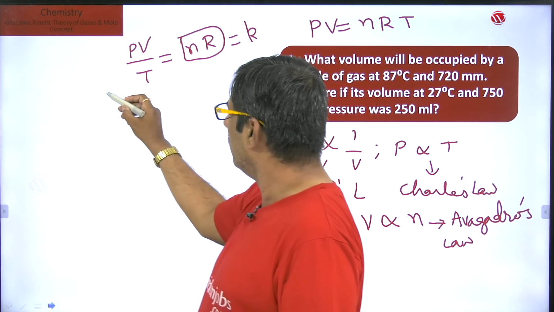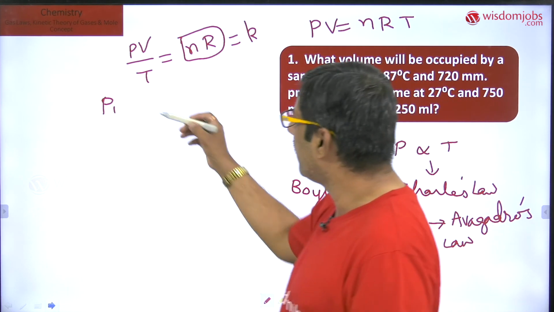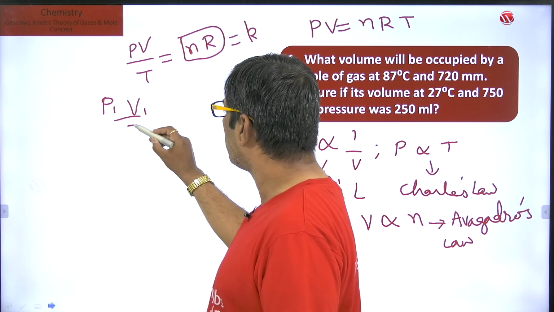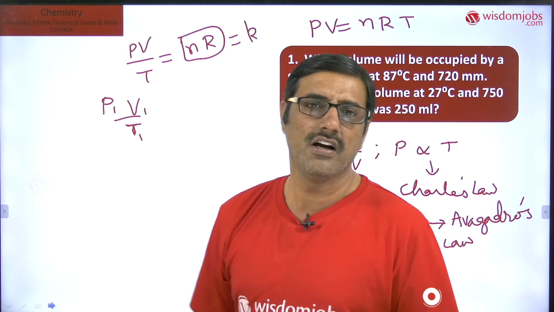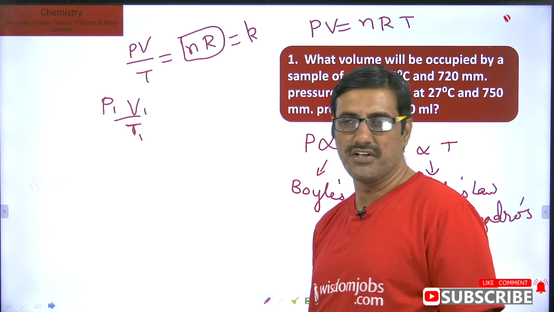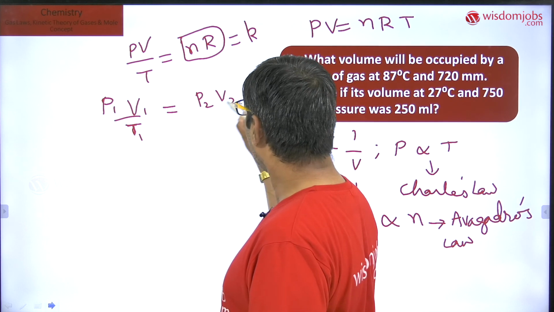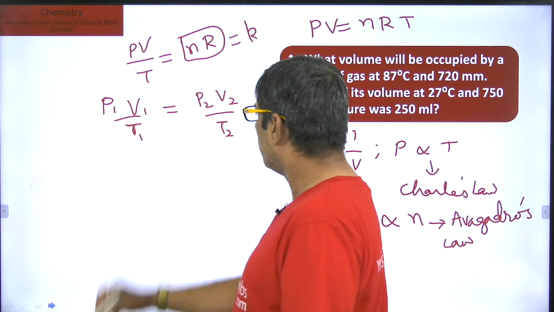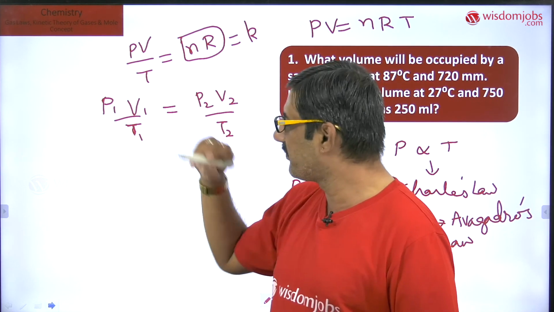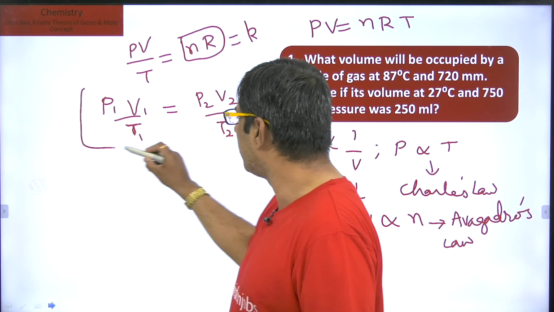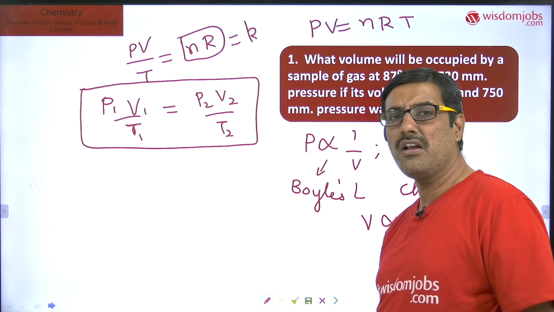So another form of the universal gas equation is P1V1/T1, that means the first condition regarding the temperature, pressure, and volume, equals P2V2/T2. So P2V2/T2 = P1V1/T1 is another form of the gas equation when two conditions of the gas are given to you.